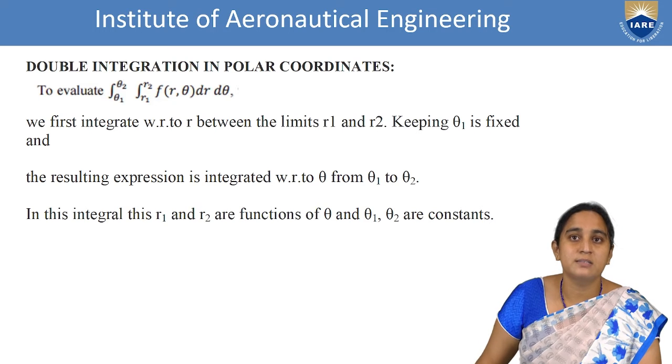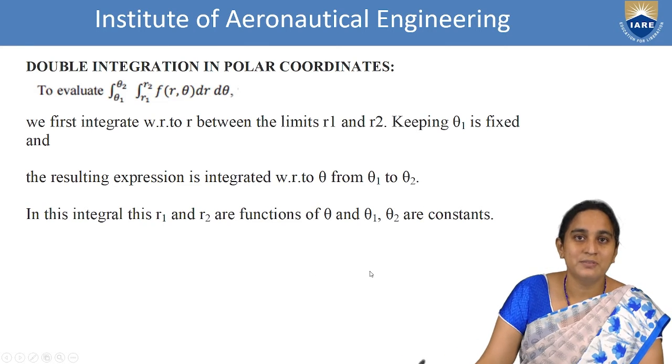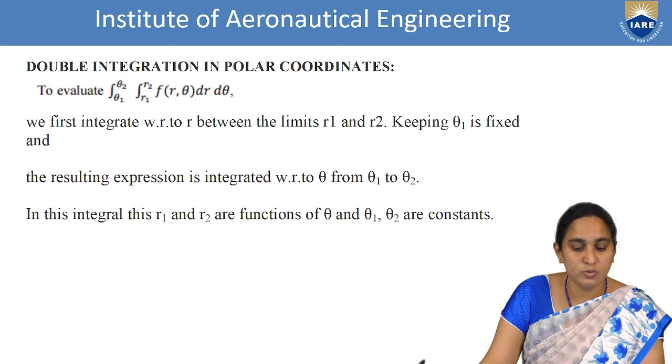Now I'll discuss double integration in polar coordinates. What is the form of the polar coordinates for the double integration? Integration of theta 1 to theta 2 and integration of r1 to r2 of the function f of r comma theta, dr d theta.